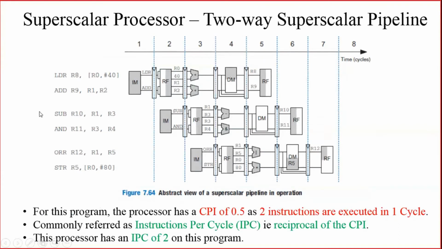This is a program, and since it is a two-way superscalar processor, two instructions will be fetched in a particular cycle. In cycle 1, 2 instructions will be fetched; cycle 2 also, 2 instructions; and cycle 3 also, 2 instructions.